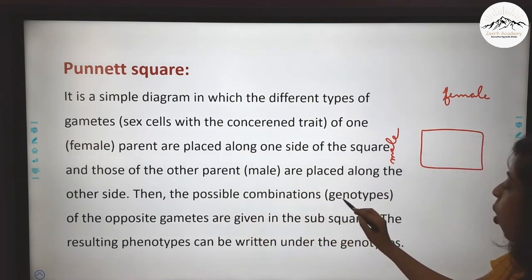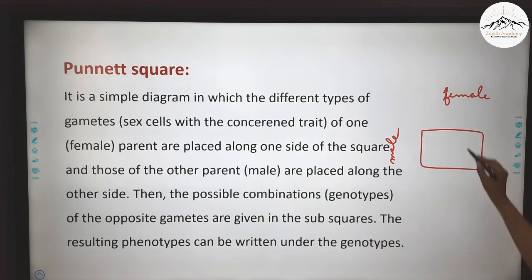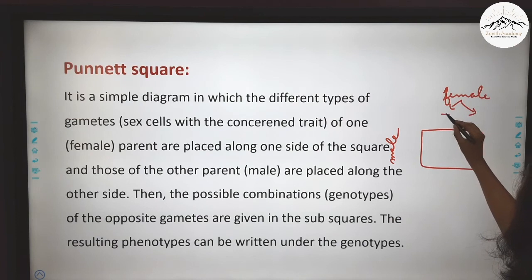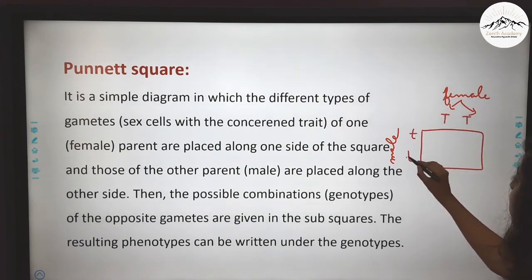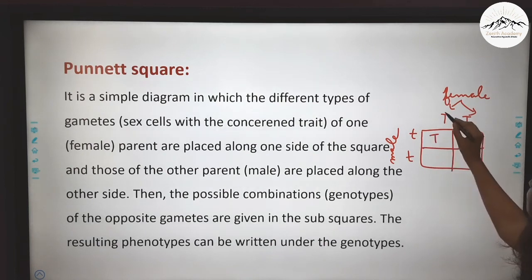Then the possible combinations, that is genotypes of the opposite gametes, are given in the subsquares. So here suppose the female is giving capital T and the male is giving small t. So now here the genotypes, that is this combination and this combination, are written like this.